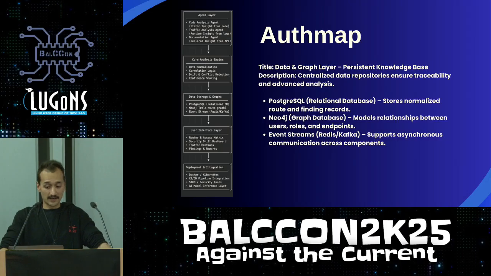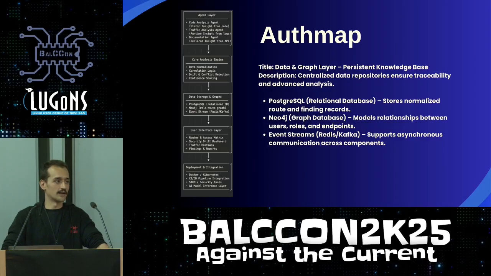So we have the data and graph layer. We attempt to centralize data repositories to ensure traceability and advanced analysis based on all the findings that we have gathered and normalized in the previous steps. With AuthMap, we use PostgreSQL as a relational database, and we store normalized route and finding records. We have Neo4j for the graph database.